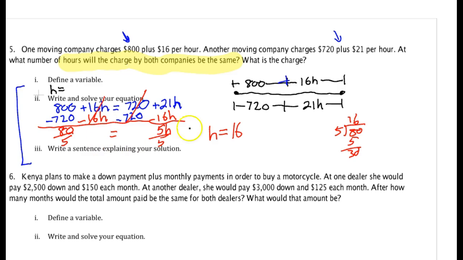Are we finished? Have we answered all the questions? No. We also want to know, what is the charge? So how much is it for 16 hours? You can plug it into either one. So 800, and that's going to be plus $16 an hour for 16 hours. So 16 times 16. Got to figure that out. All right, what do you come up with?